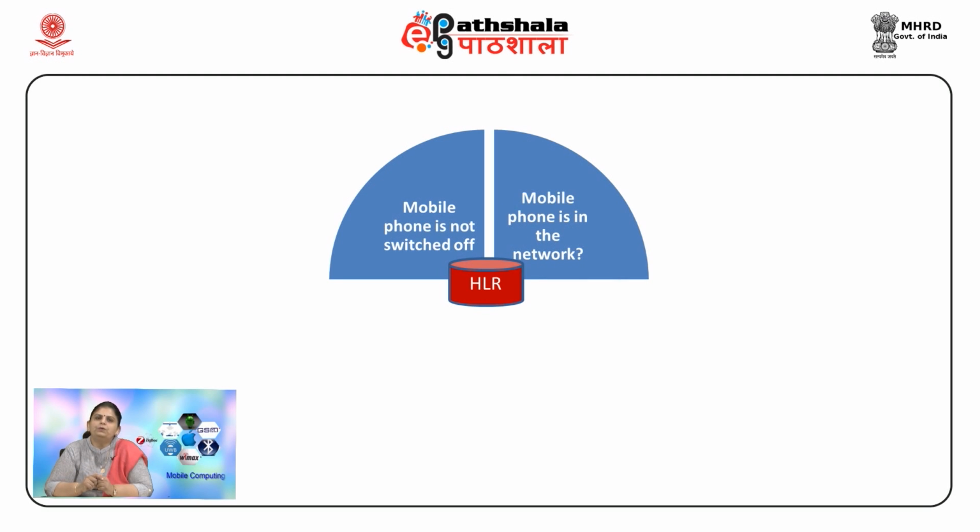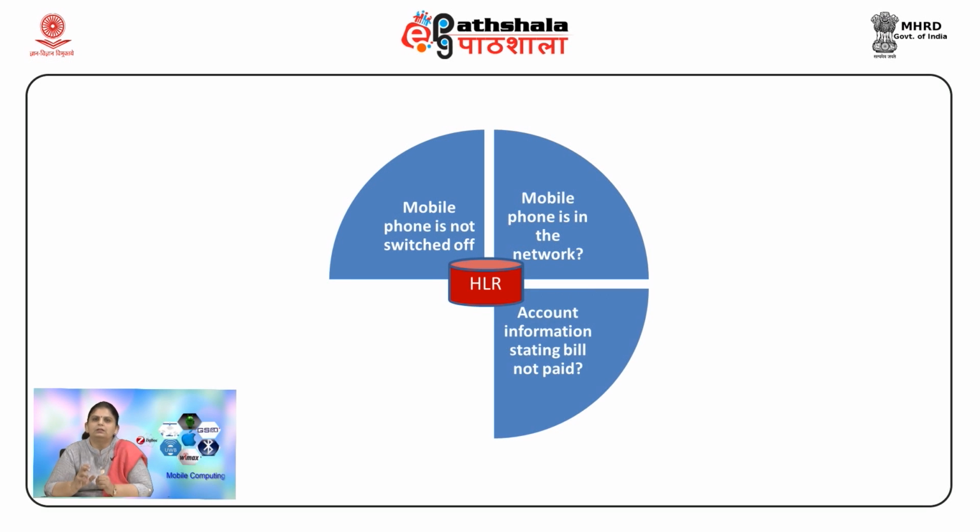Secondly, it should be known that the mobile phone is in the GSM network. Then it has sufficient accounting balance. In some types of call, if the mobile phone is in roaming state, then it should have enough balance so that a call can be made to it.